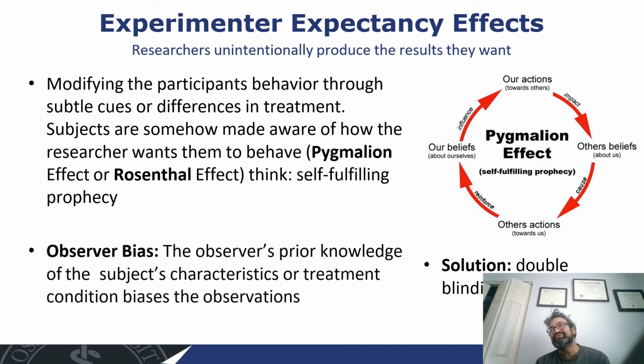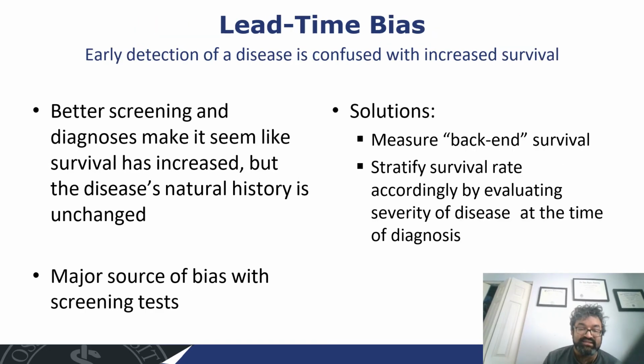So it's others' beliefs versus the person's belief, and they kind of reflect off of each other, so that's a bias. And then observer bias, of course, prior knowledge affects the conditions.